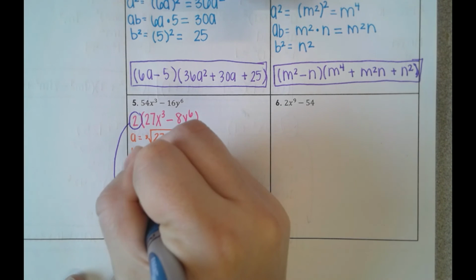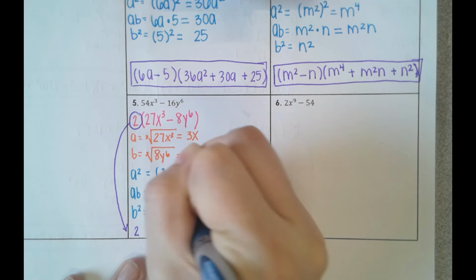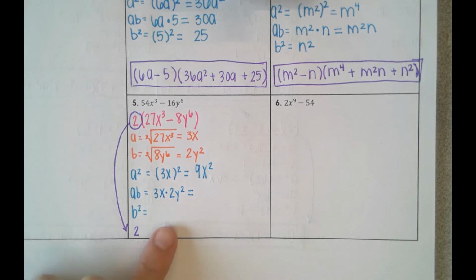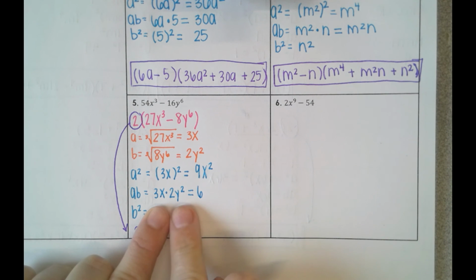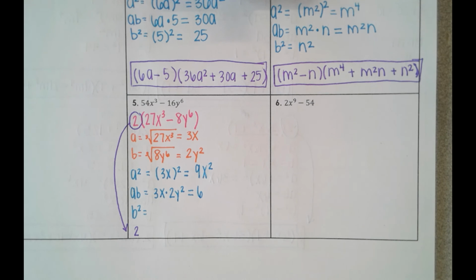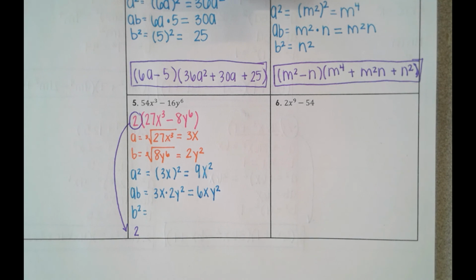Then we multiply them. 3x times 2y squared. So you can do 3 times 2 to get 6. And then the others, they're different letters, so we just write x, y squared.